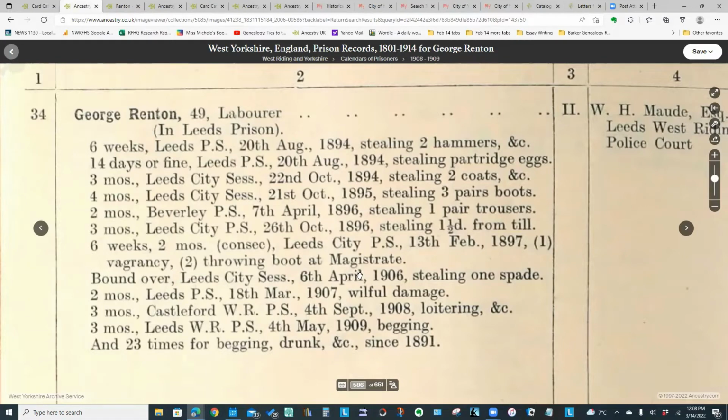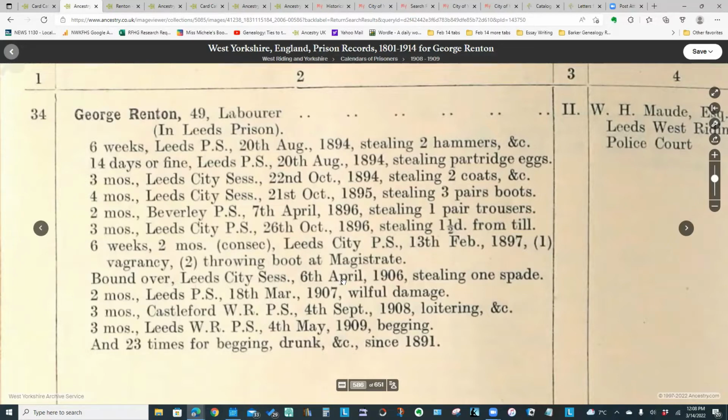Because I have the situation, like many of you, where you have many ancestors of the same name in the same town of similar age. So what I loved about this prison record, they were kind enough to summarize all of his offenses. So I can clearly see, if I'd been looking in quarter session records, this gives me a nice summary.